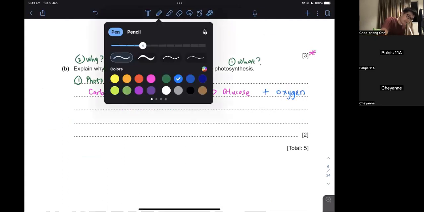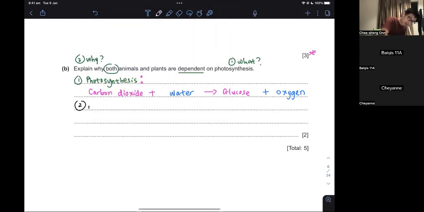Now, why is it important? This is the key thing. Number 1, why do animals need photosynthesis? What can you tell me, Cheyenne? What about photosynthesis that animals need? They need it to survive, to breathe.